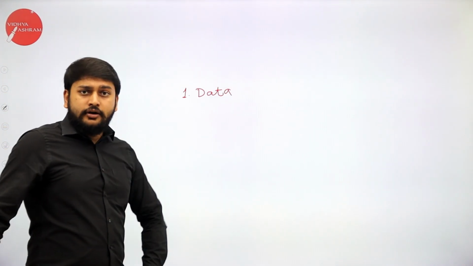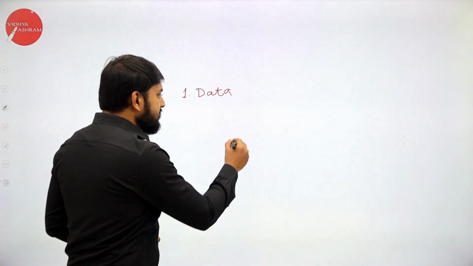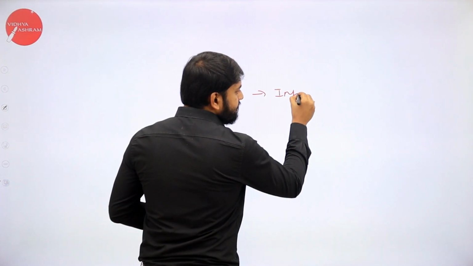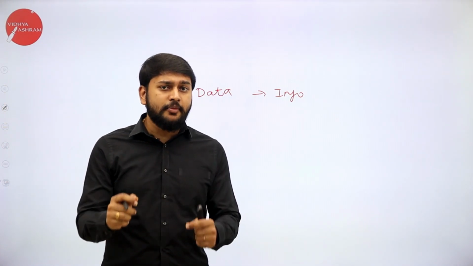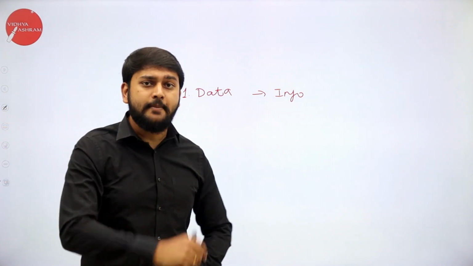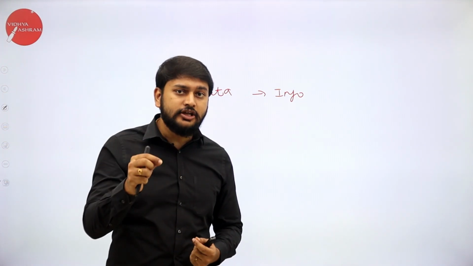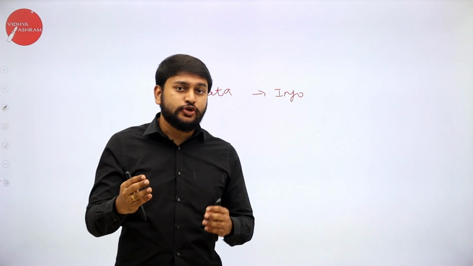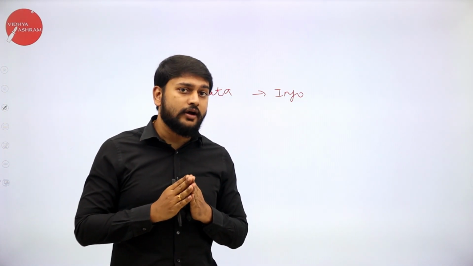All of you know that. Now, my second point is information. What is information? Information is nothing but processed data. For example, I have the attendance book and I'm marking your attendance. Whatever attendance I have, that is what I will call data.